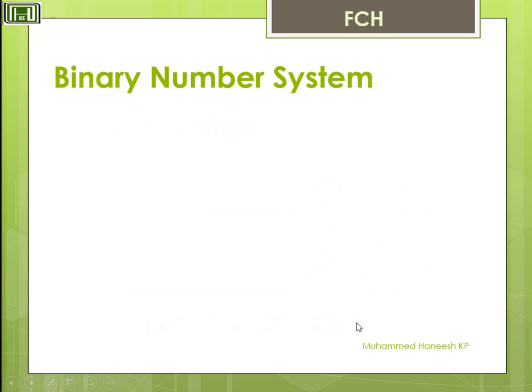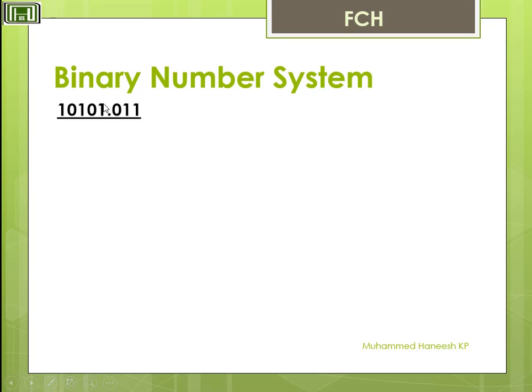Now see, we have an example, that is 10101.011. I already told you, from here you start: 1 into 2 raised to 0, 0 into 2 raised to 1, 1 into 2 raised to 2, 0 into 2 raised to 3, 1 into 2 raised to 4, like that.